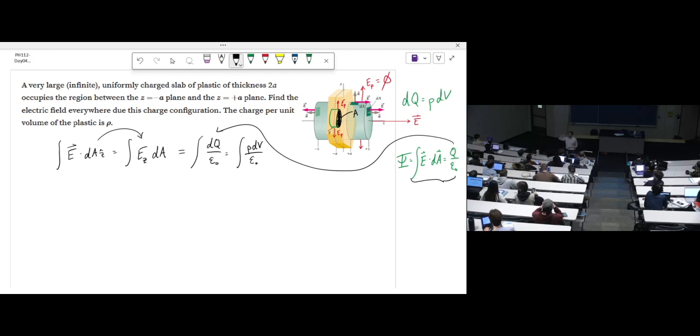Yes, right here, Bill. Okay, so why is the electric field only in the z direction? Let's consider this infinite sheet of charge, right? It goes this direction.